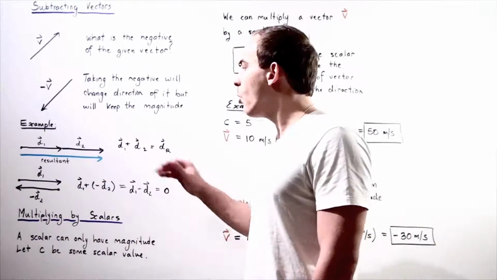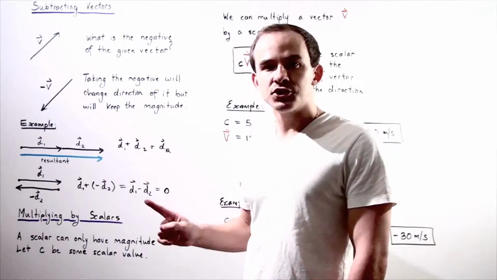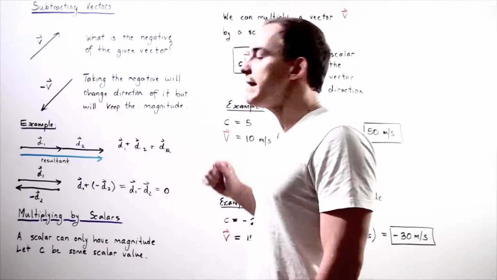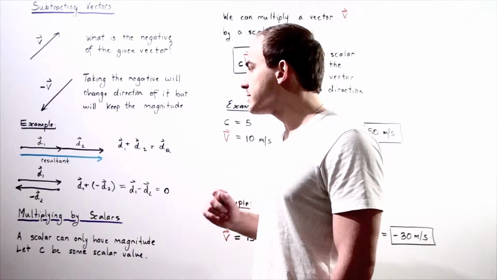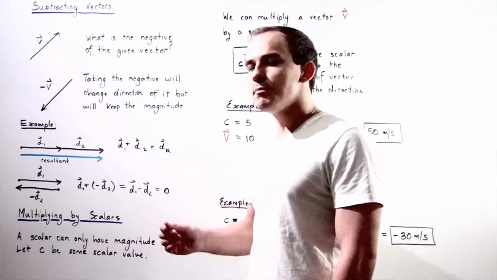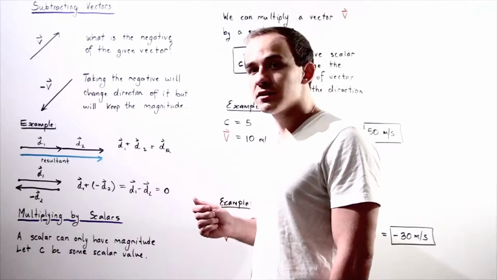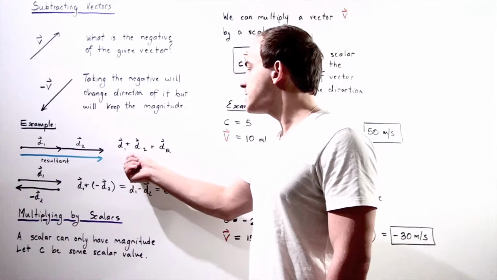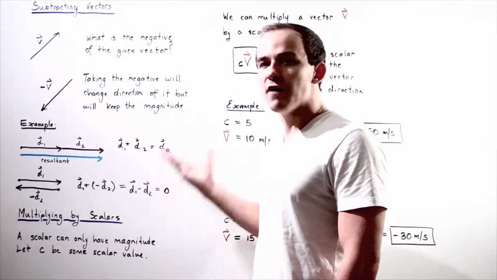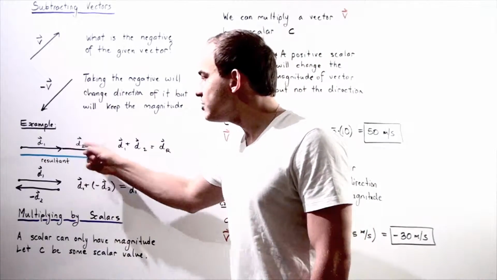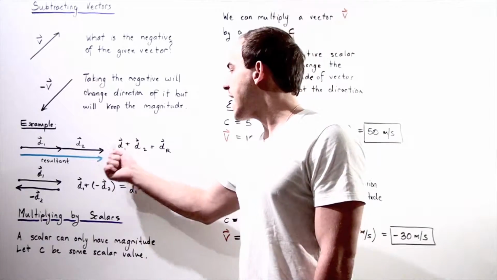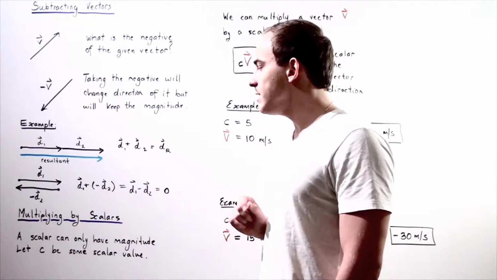Well, because they point in the same exact direction and along the same exact axis, to get our resultant, we simply add up our two vectors. So d1 plus d2 is equal to our final resultant vector. So if d1 is 10 and d2 is 10 meters, we simply add them up and we get 20 meters.